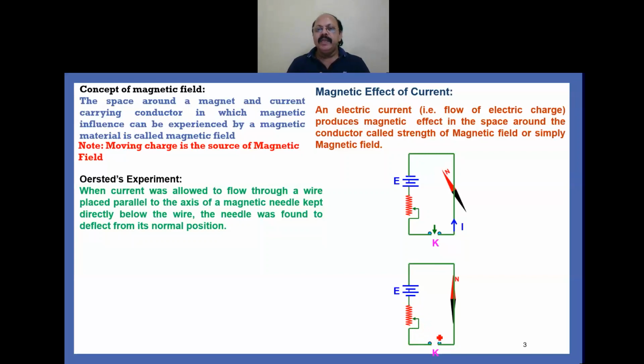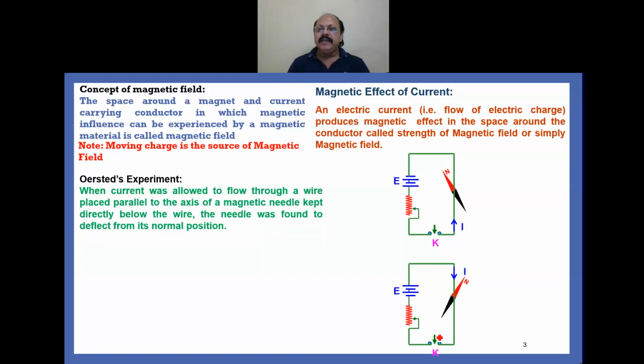Again you see that the key is open, so no current is flowing through the conductor, so there is no deflection in the magnetic needle. Now if we close the key, then the current starts flowing in the opposite direction in comparison to the previous case as we reversed the connections. So a deflection in the magnetic needle takes place.